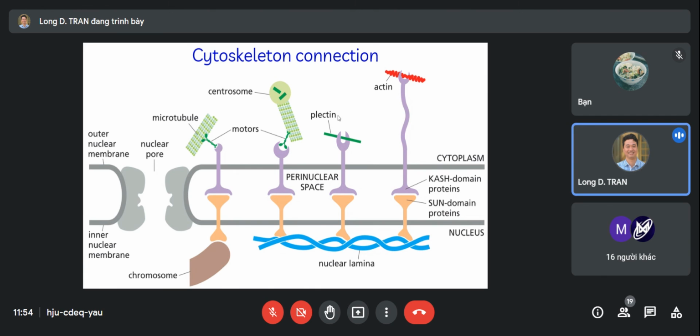All the components of the cytoskeleton actually interact with each other to maintain the cell shape, to support the cells, as well as being involved in cell movement. Okay, probably we stop here.